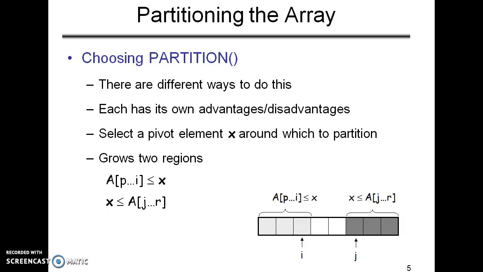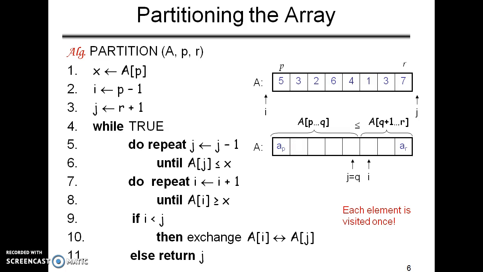Partitioning the array means you have to choose the partition. There are different ways to do this, each with its own advantage and disadvantage. Select a pivot element X around which the partition grows two regions: A[P..I] less than or equal to X, and X less than or equal to A[J..R]. Here J is Q plus 1 and I is Q. This is the partitioning algorithm.